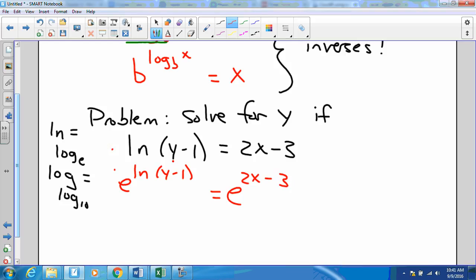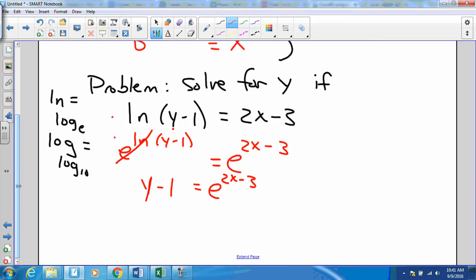And this is where I apply the inverse function to cancel out my log function. Having done that, these functions cancel and give me whatever was on the inside of that log. On this side, I just get e to the 2x minus 3. And now solving for y is a matter of inverting again. Subtracting 1 is adding 1 to both sides. And we have our solution.